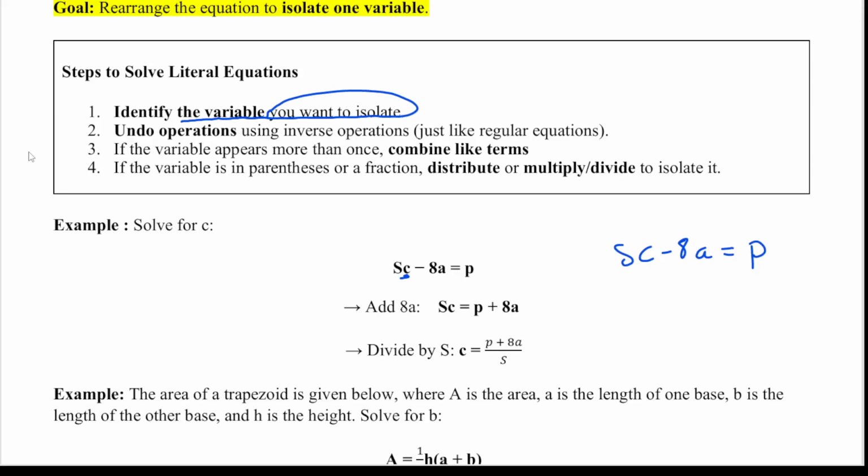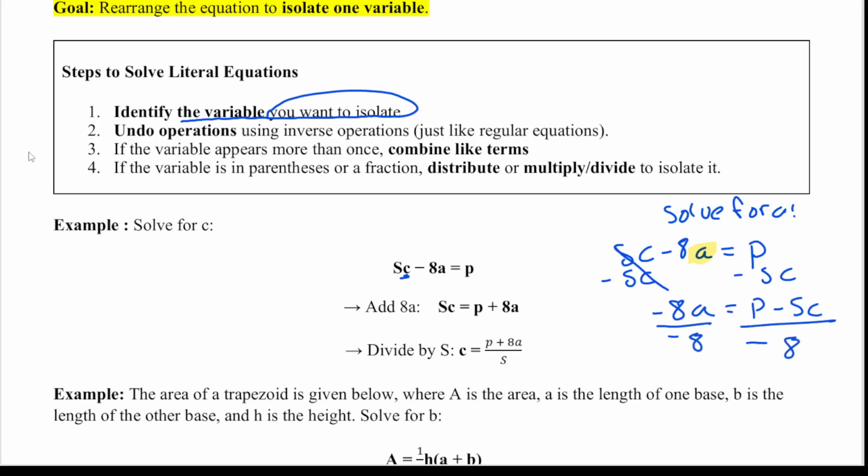If we were going to solve for A instead, I would subtract SC from both sides, because now A would be what we want to get by itself, and let me label what I'm doing here. Solve for A instead. That would have negative 8a is equal to p minus sc. Then I would divide both sides by negative 8, and I would have my beautiful expression for a.